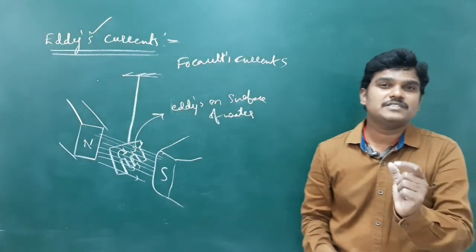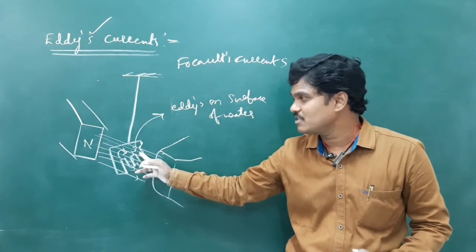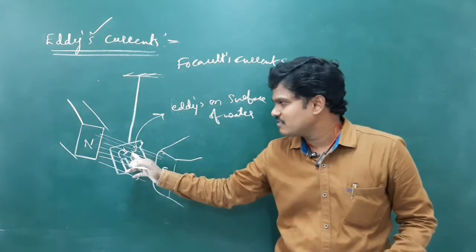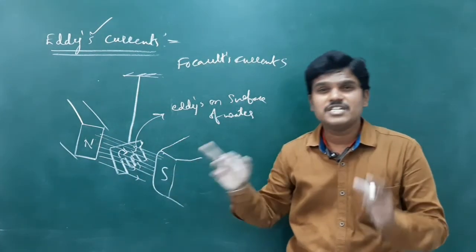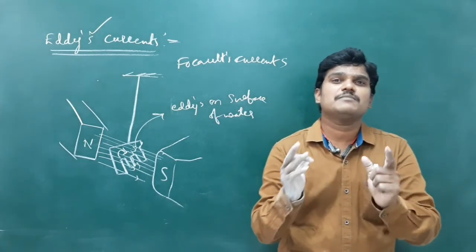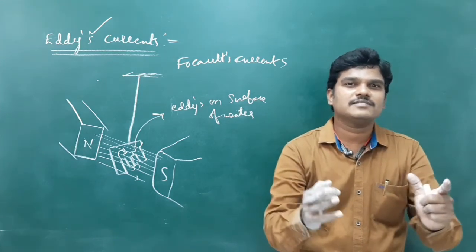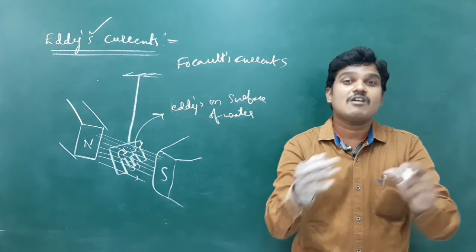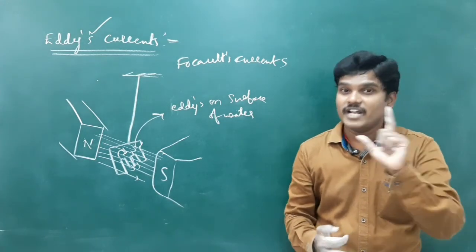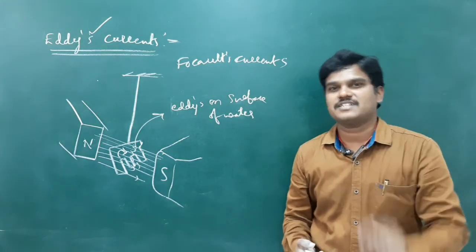When bulk pieces of metal are subjected to a change in magnetic flux, some currents are induced in the metal surfaces, and those currents look like curling currents or eddies on the surface of water. Those currents are called eddy currents, also called Foucault's currents, after the scientist Foucault.